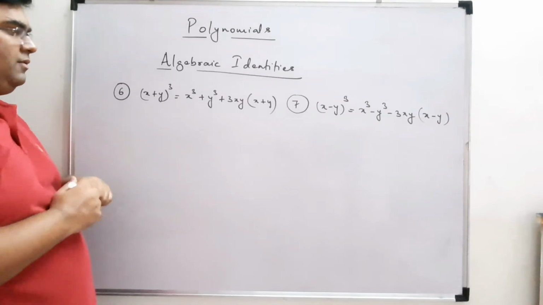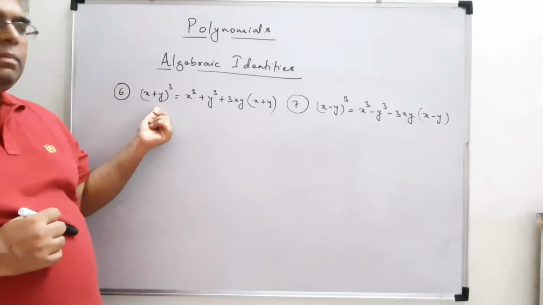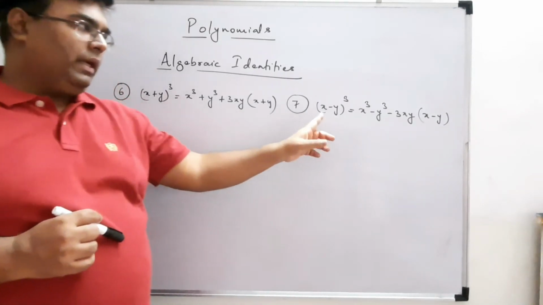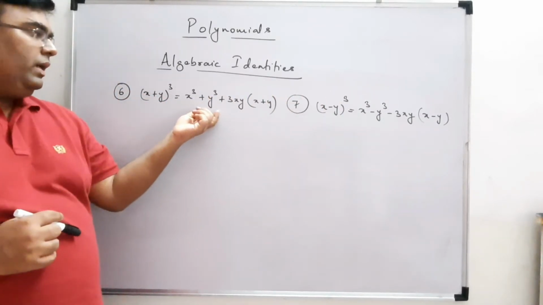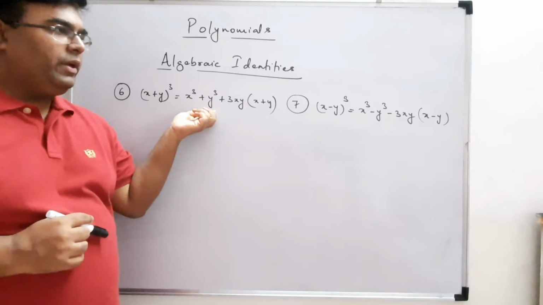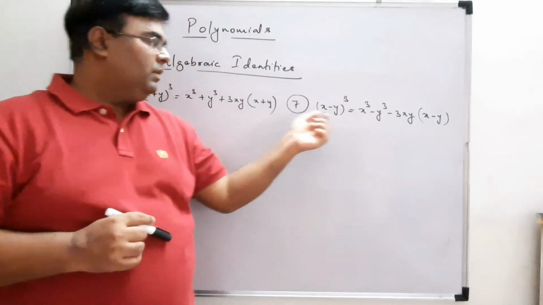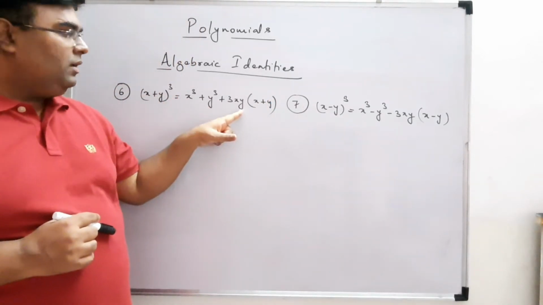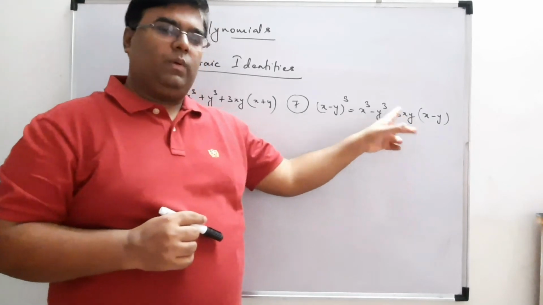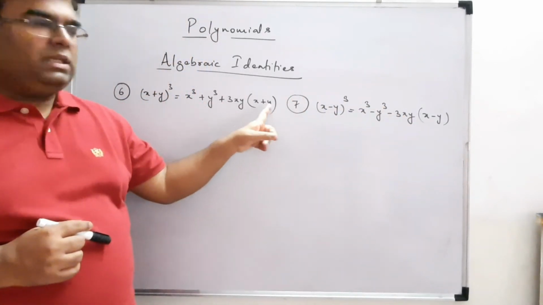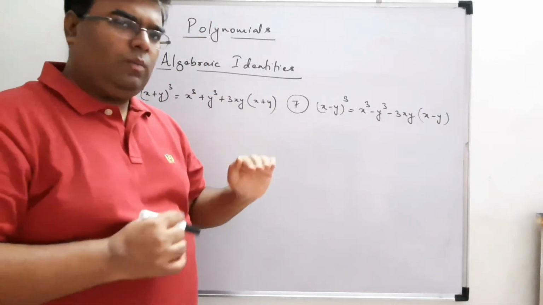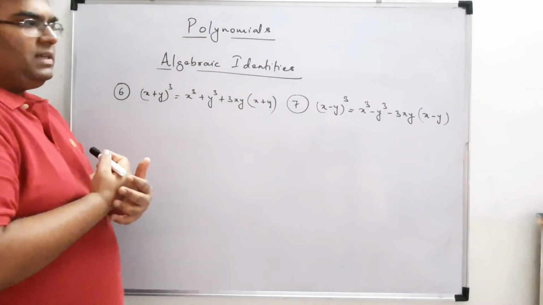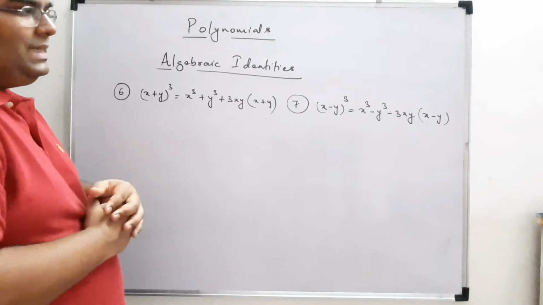Now if you replace y by −y, you will get another formula. This will become −y³, correct? And −3xy, and similarly (x − y). So both formulas are almost the same, just a negative sign will appear where y is there.